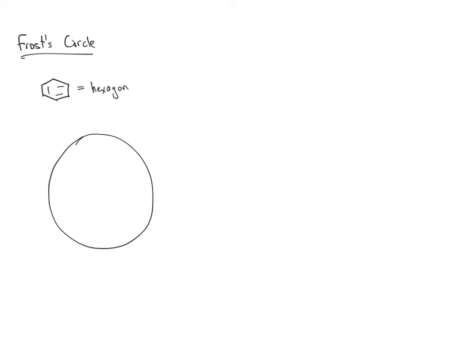And so if we're going to draw a benzene ring inside, we're going to use a hexagon, and this hexagon will look like this. So we fill in the rest of the polygon, and each point that touches the circle corresponds to a molecular orbital. So the midpoint of the circle is the non-bonding energy level.